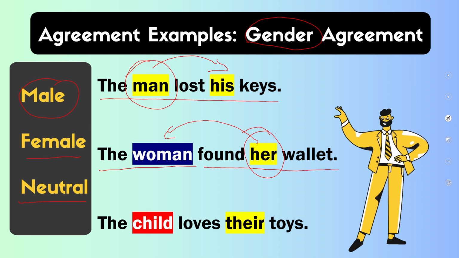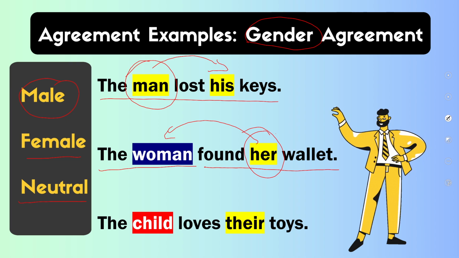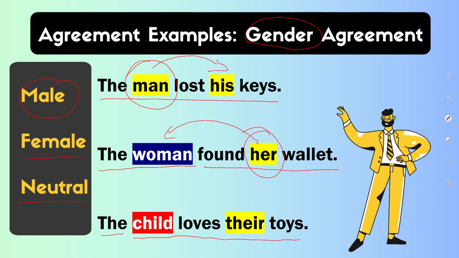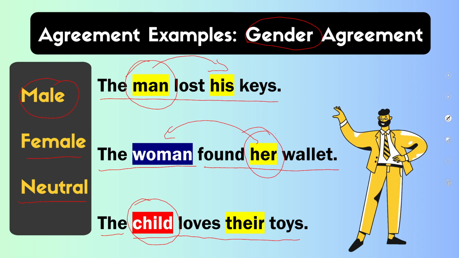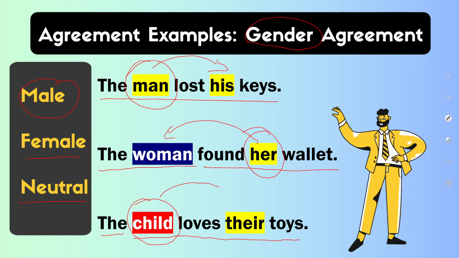Now we know that there are also neutral gender, neutral nouns. So when we are talking about this sentence, the child loves their toys, the child can be a male or a female, hence we are using the pronoun in the plural form, which is their.